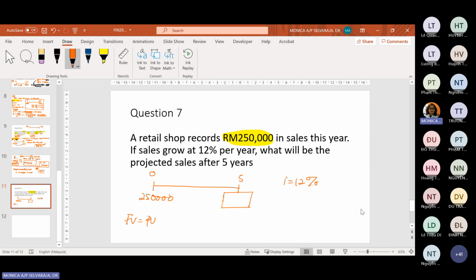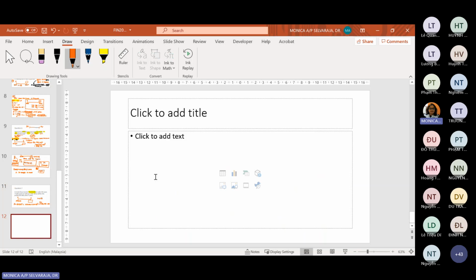Future value equals present value times (1 plus i) to the power of n. So your answer is 440,585.42. Okay, so this is the amount that you will get in the future. Now, this is question number 7. Now, question number 8.